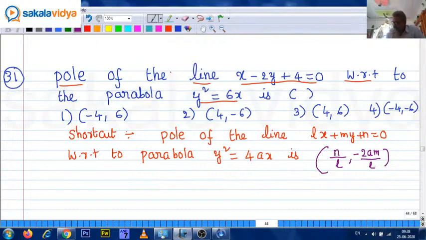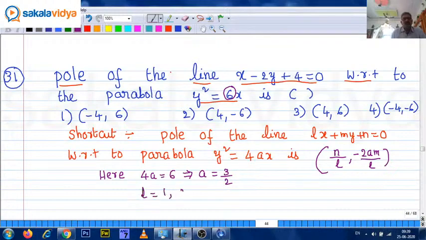Now here 4a equals to 6, a equals to 6 upon 4, which means 3 upon 2. Now L equals to 1, m equals to the y coefficient, minus 2, and n equals to the constant term, that is 4.